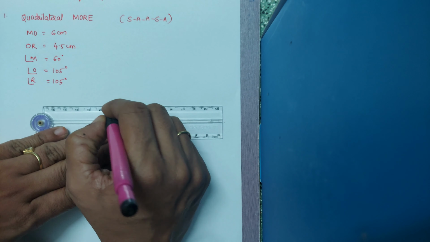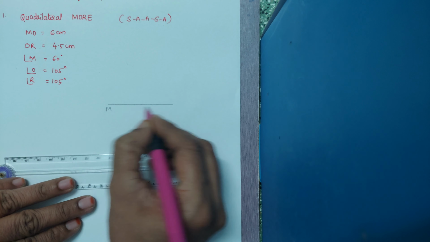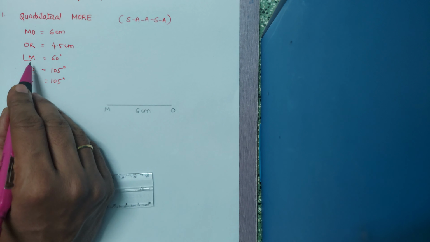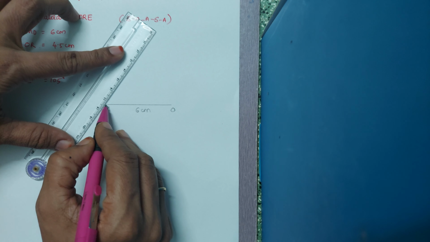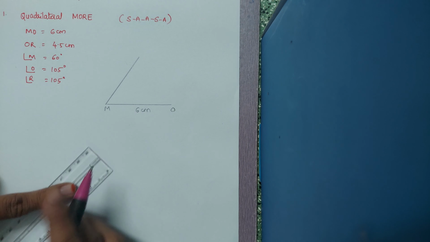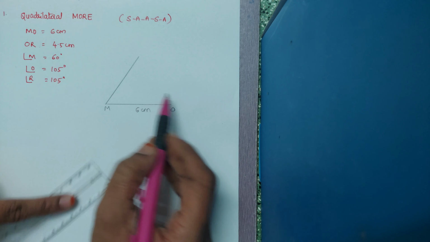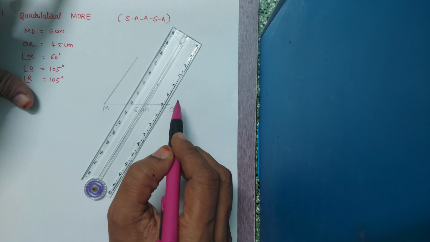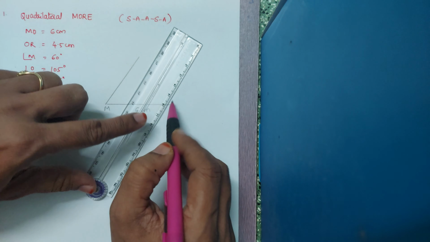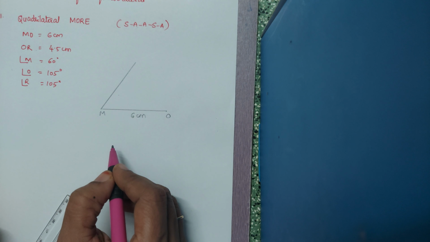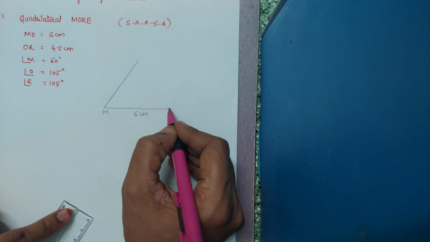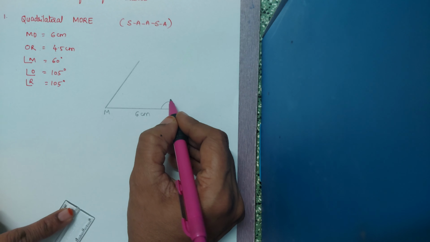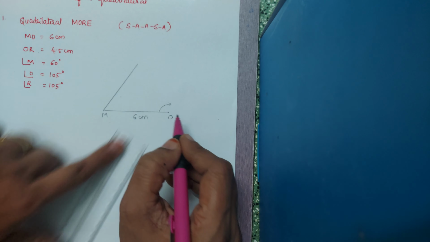So let's take MO. MO is 6 centimeters. Angle M is 60 degrees. So somewhere it will be like this. Angle O is 105 degrees. How will angle O be? It is measured from this side to this side. So where will your 105 be?